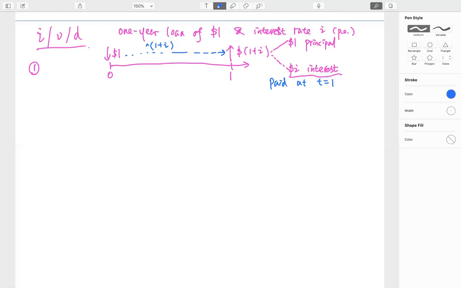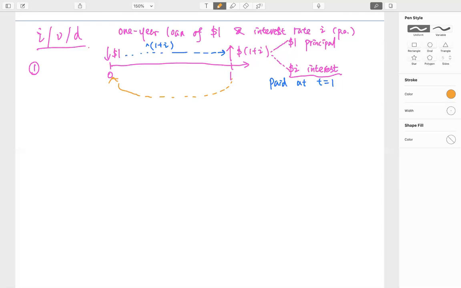What if I want to look at this problem from the opposite angle, the reverse direction? How do I convert 1 plus i dollars at time 1 to something at time 0? I know from 0 to 1, from present to future, I multiply by the AVF. In this case, it's just 1 plus i.